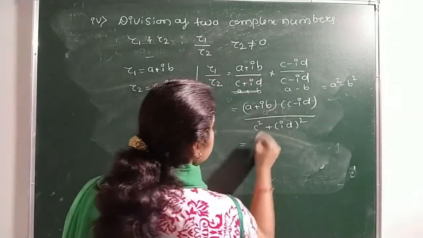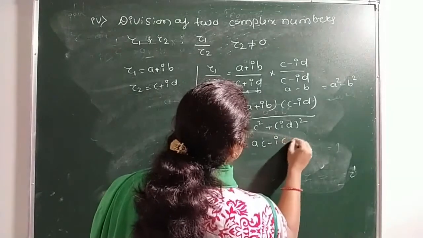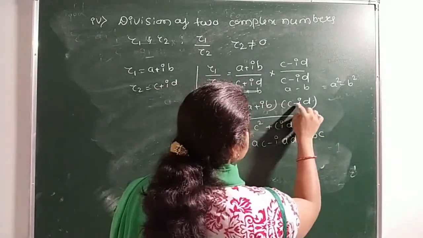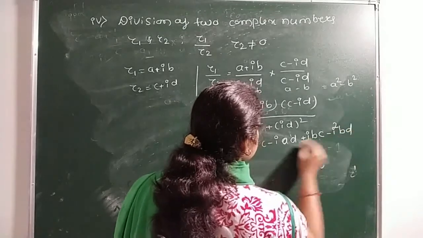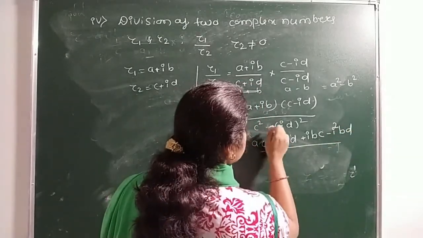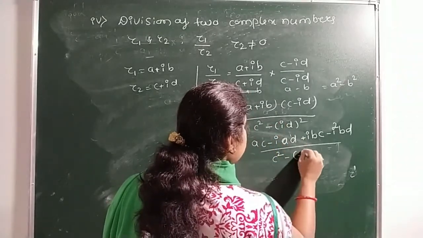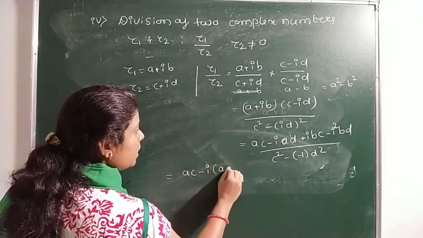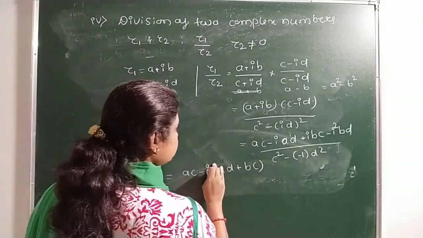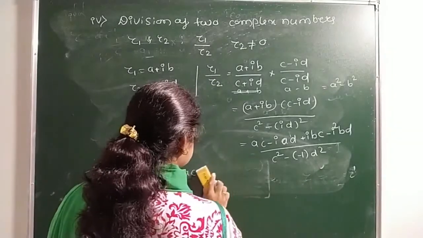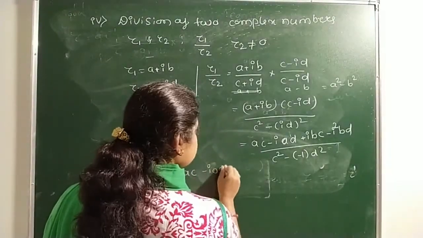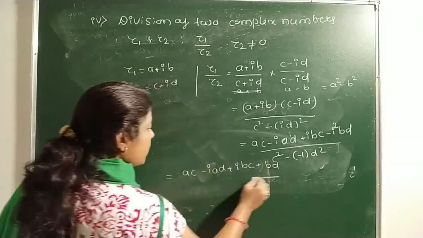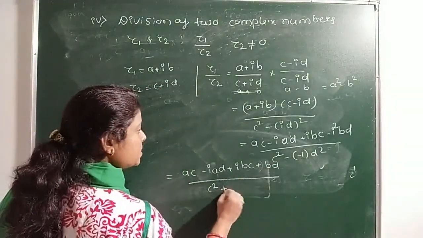Simplifying the numerator: ac minus icd, ad plus i bc, plus minus i square bd, divided by c square minus i square d square, where i square is minus 1. So it is ac minus i ad plus i bc, and i square is minus, which becomes plus, divided by c square plus d square.